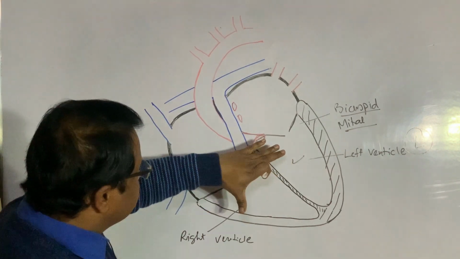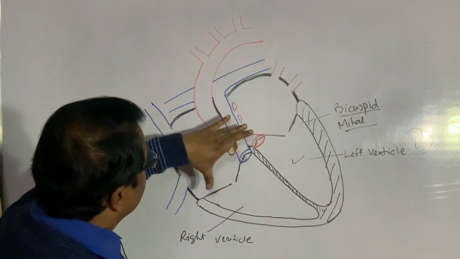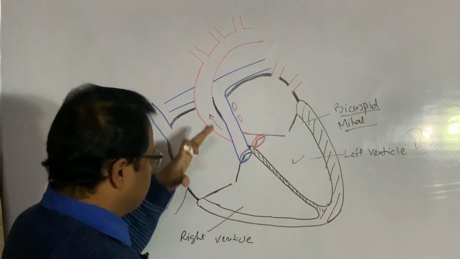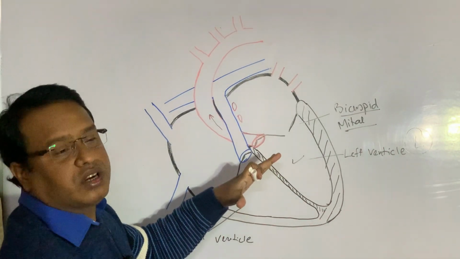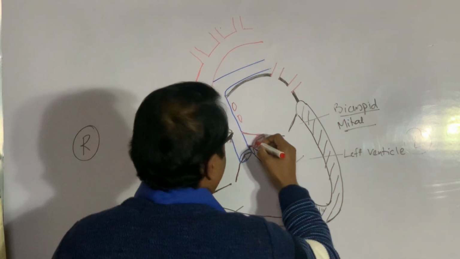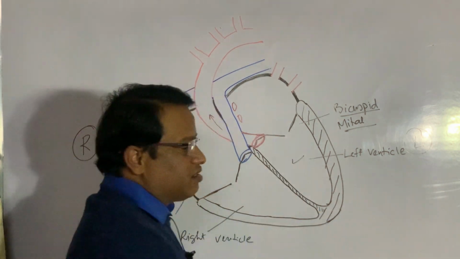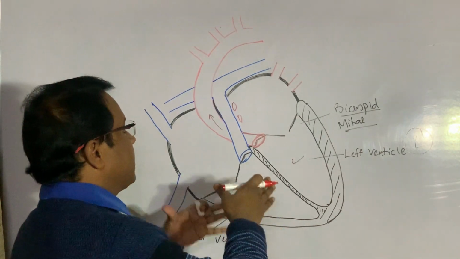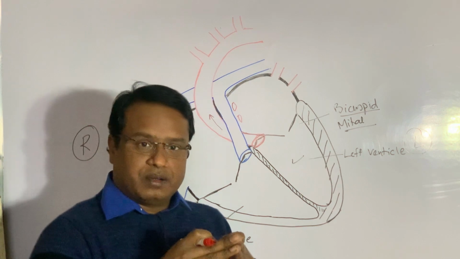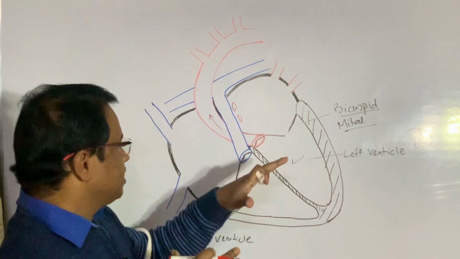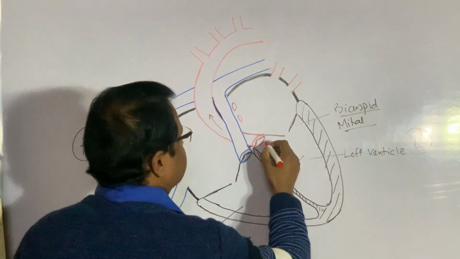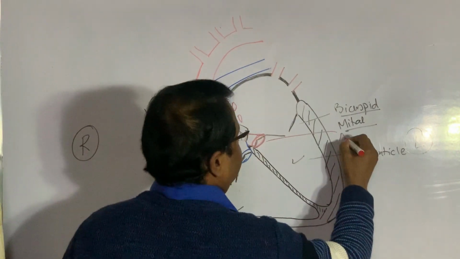This valve permits blood flow only towards the aorta. Backward flow is not possible. It also has 3 cusps, but it is not called a tricuspid valve. The name of the valve is the aortic valve.